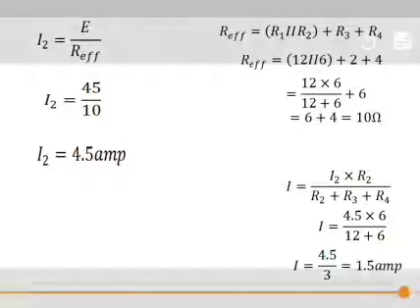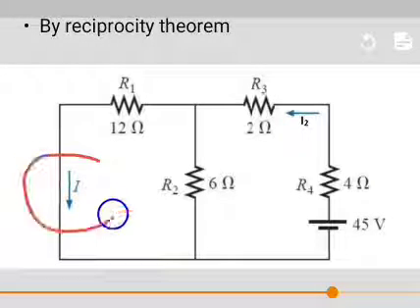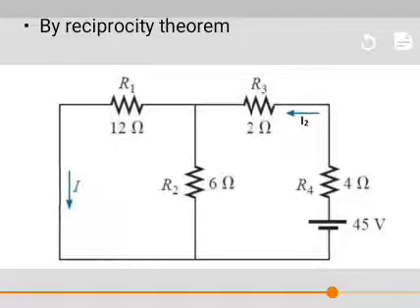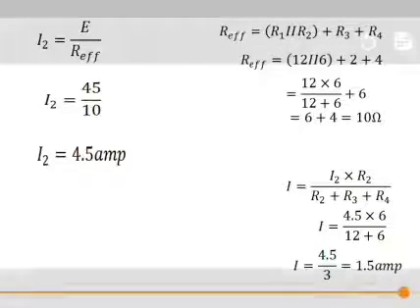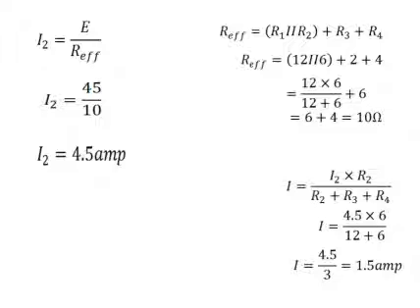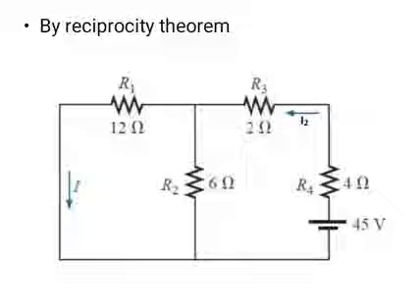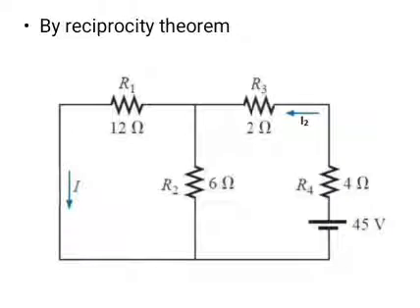And also we must calculate the value of I. So I equals I2 into R2 divided by R2 plus R3 plus R4. Therefore, I2 equals 4.5, R2 equals 6 ohm.